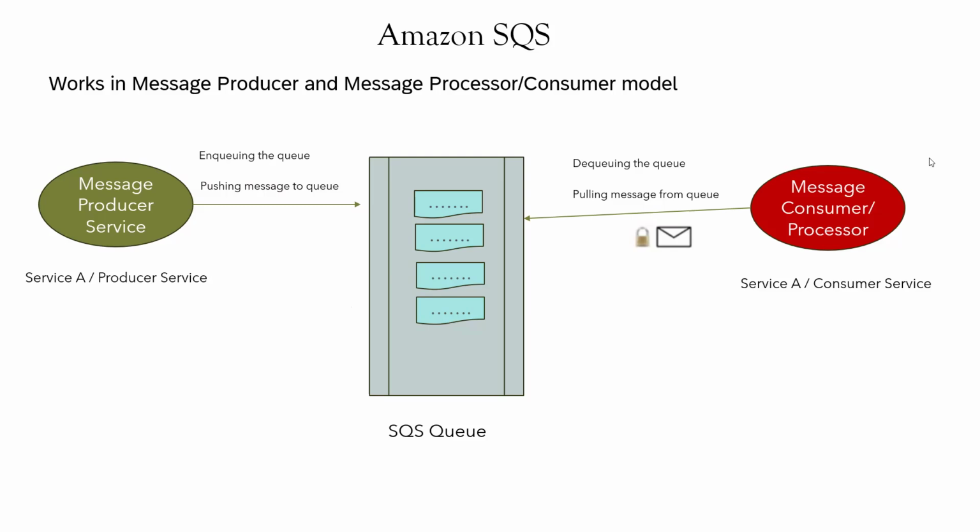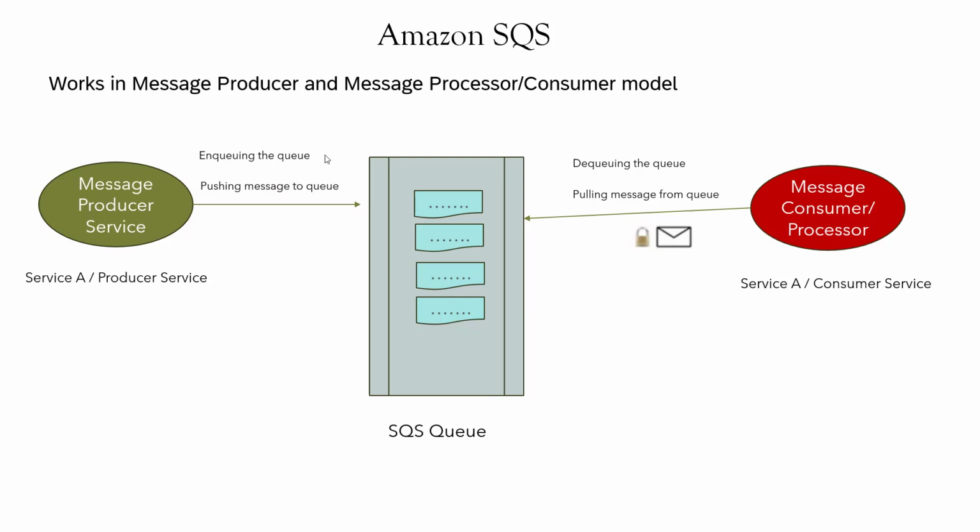There's another service that pulls all those messages from the SQS queue one by one, processes the purchase requests, and after that deletes the message from the queue itself. That process is called dequeuing.